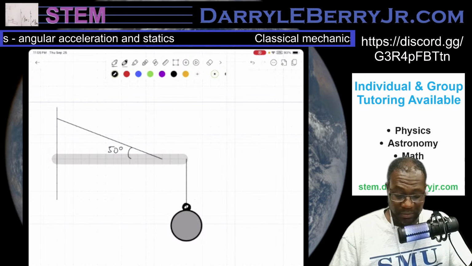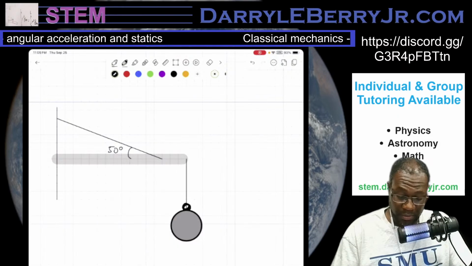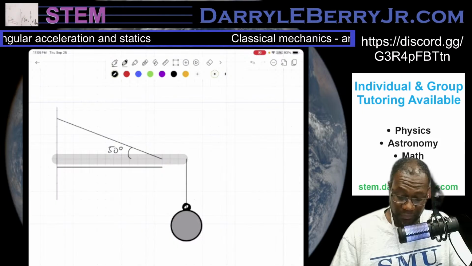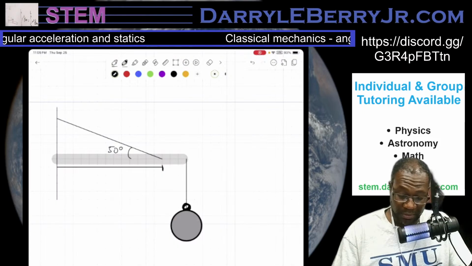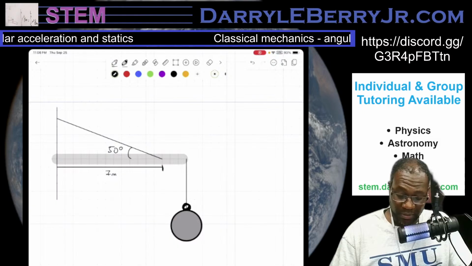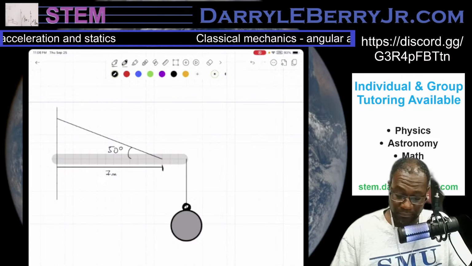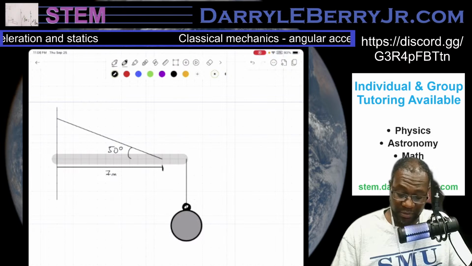And let's say that up to here, where it's meeting at, is 7 meters. And let's say that the beam itself is 10 meters.